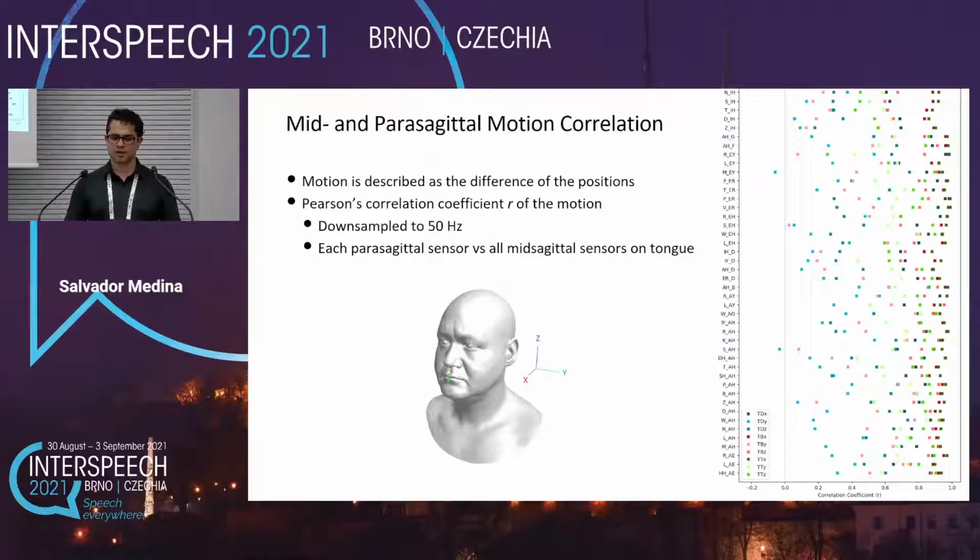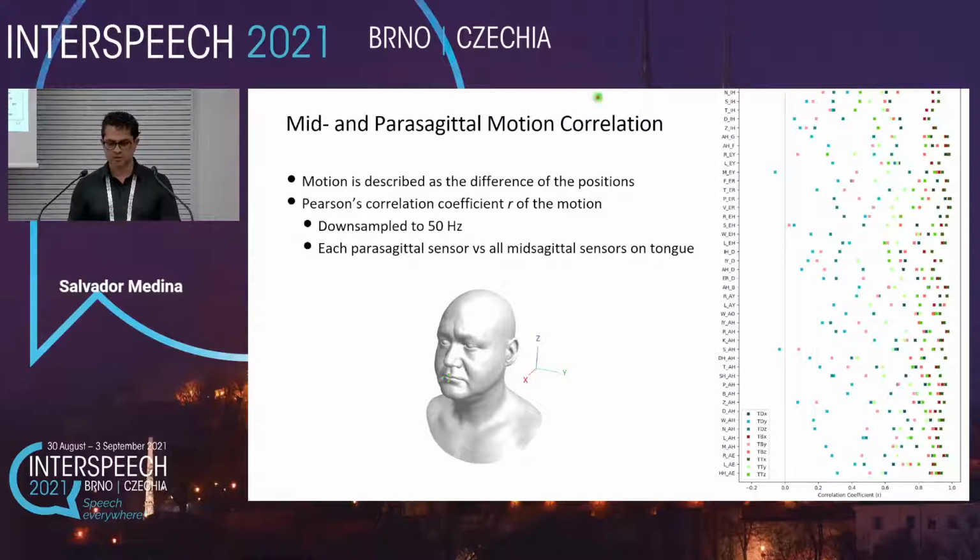For the midsagittal comparison with the parasagittal motion, we used Pearson's correlation coefficient, R. This is our reference frame, as you can see there. The antero-posterior direction is described by the x-axis, the mediolateral direction by the y-axis, and the vertical direction by the z-axis.